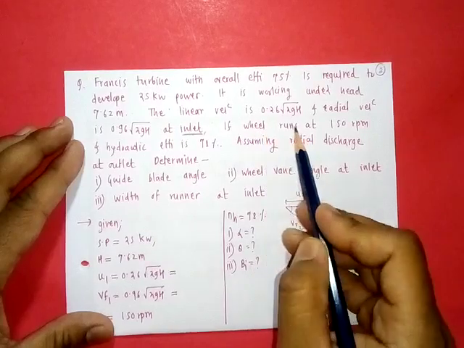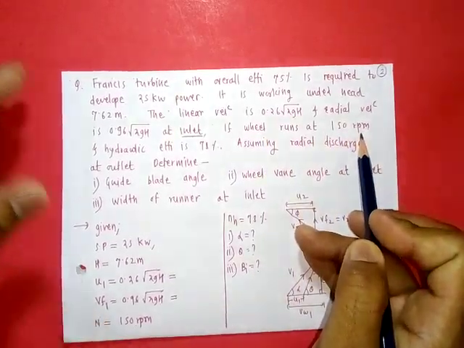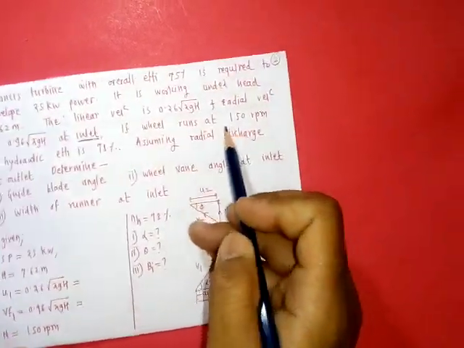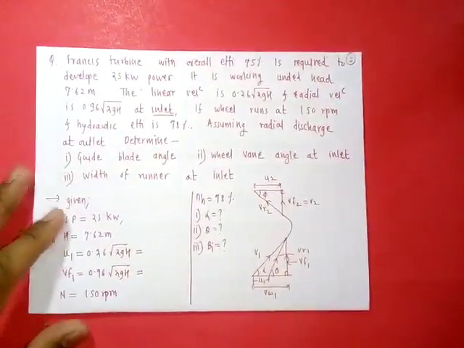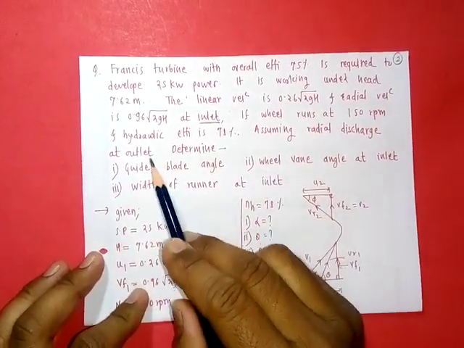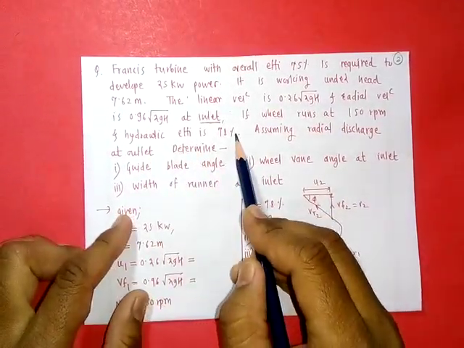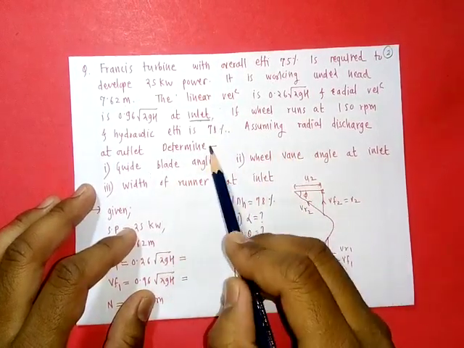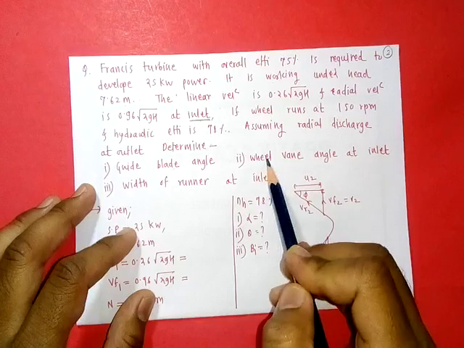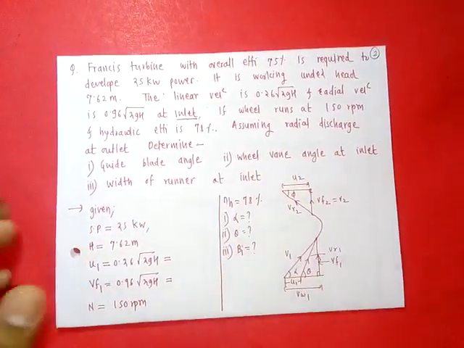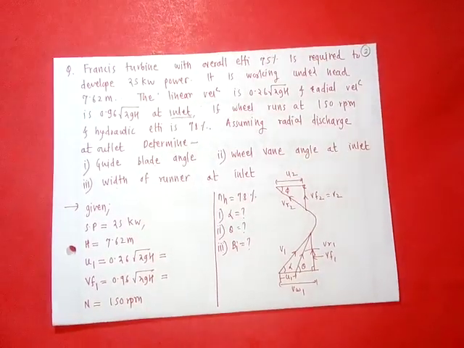If the wheel runs at 150 rpm and hydraulic efficiency is 78%, assuming a radial discharge at outlet, determine the guide vane angle, wheel vane angle at inlet, and width of runner at inlet. So first see what is given.